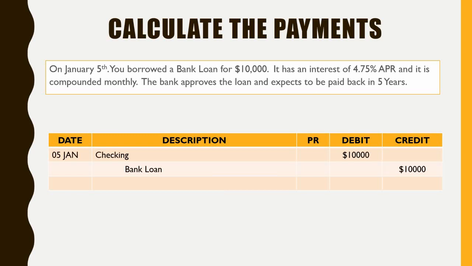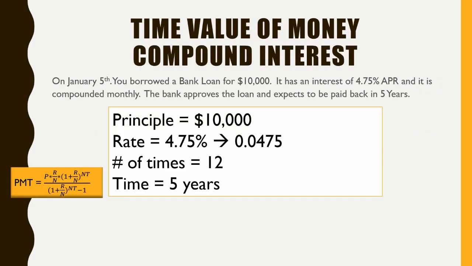So in this case, this is what happens. You borrow money, you get money. So you have a bank loan, and you got the money for $10,000. Okay. So now let's go ahead and apply the numbers into our formula because it's the same numbers because it's compounded, right?